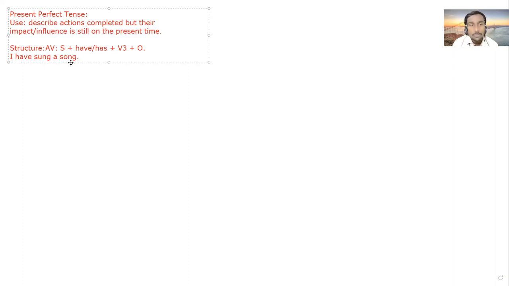So before going for discussion, tell me the choice between have and has. When to use have and when to use has. If your subject is third person singular, he, she, it, after that it is going to be has.